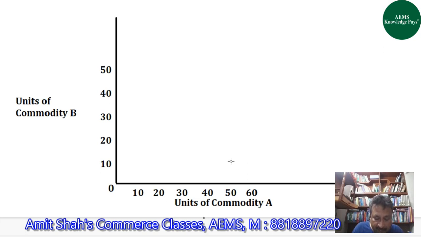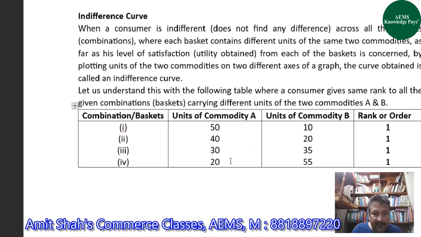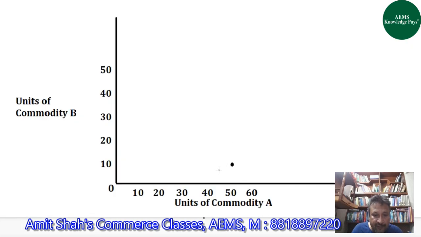So by making a point corresponding to 50 units of A and 10 units of B, the point will come somewhere here. Then 40 units of A and 20 units of B, the point will come somewhere here.